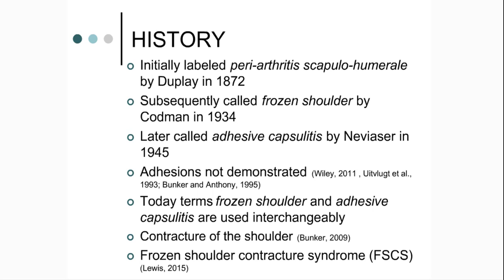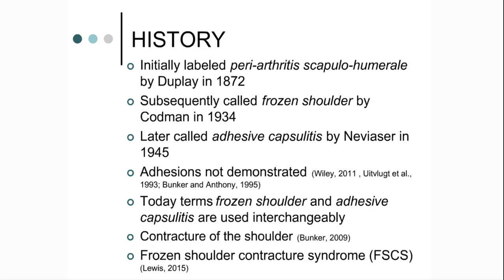So just to go through a little bit about the history of this disorder, it's been around and been recognised since 1872 when Duplay called it periarthritis scapulohumeral. And subsequently, early last century, it was called frozen shoulder by Codman.